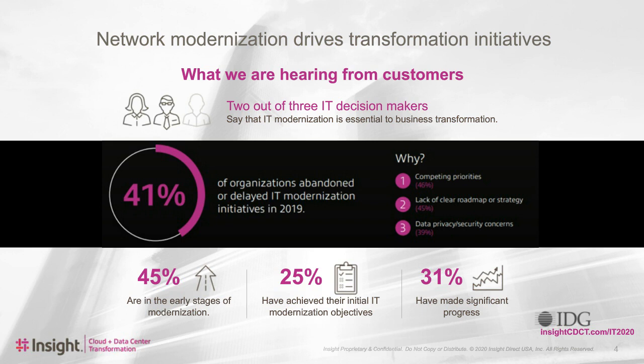So you're going to see that, competing priorities, their focus is typically driven by day-to-day activity, or they're responding to certain issues instead of looking for that modernization or that proactive approach. A lack of clear roadmap or strategy on what they're trying to achieve. And then, of course, first and foremost in today's age is, of course, data privacy and security concerns.